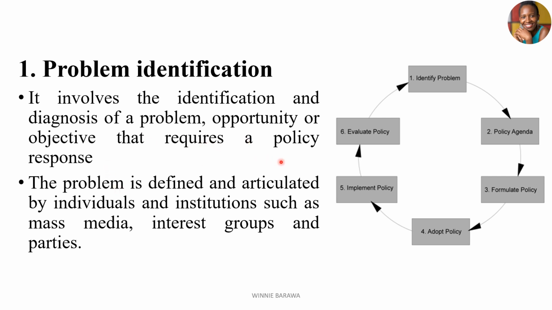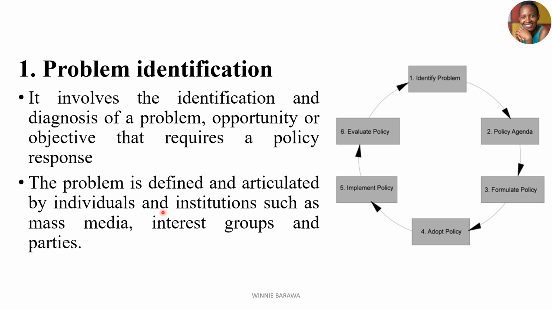So you find, for instance, you are in a given department and there are certain policies that possibly are not meeting the target or they are not meeting the outcome that one intended. And for this, you may have a problem identification aspect where you get to evaluate this policy and see what exactly is a constraint, is it an opportunity, or is it an objective that you can look into and develop a response to it.